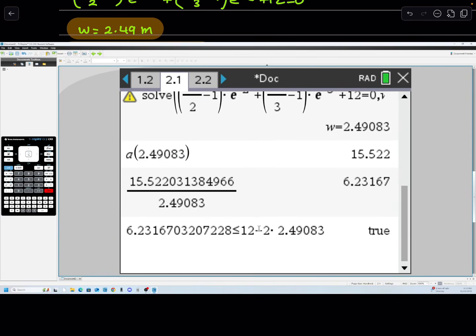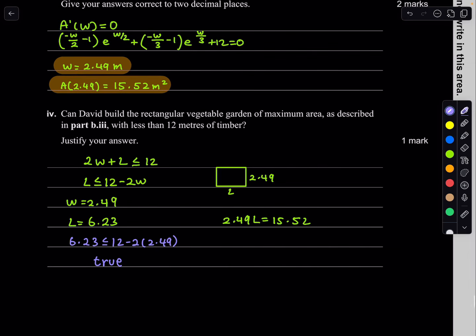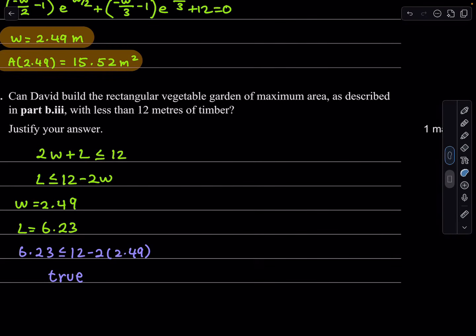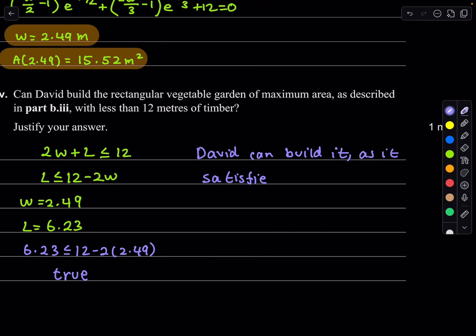And it's true. It is actually. So this inequality works, which means he can actually build it. It satisfies this inequality. Yeah? This is true. So David can build it, as it satisfies this inequality.